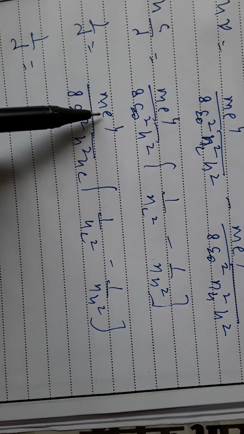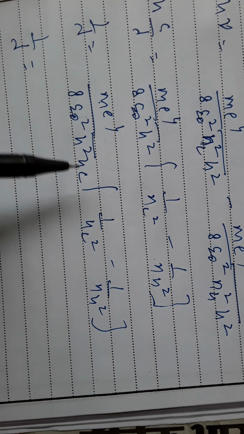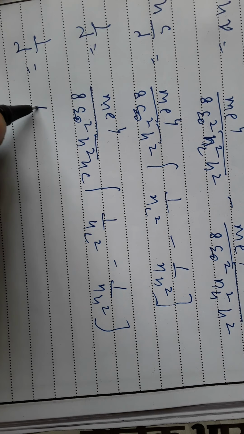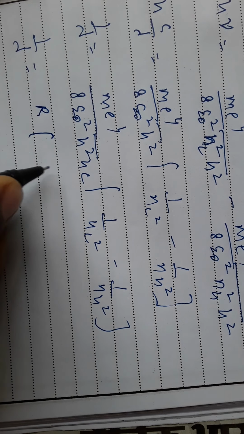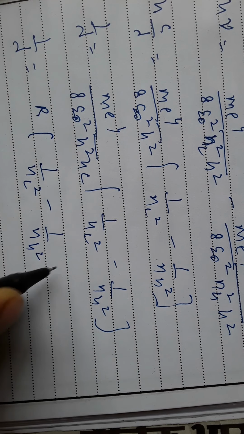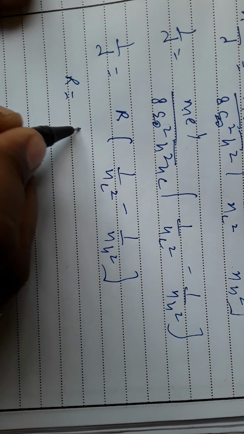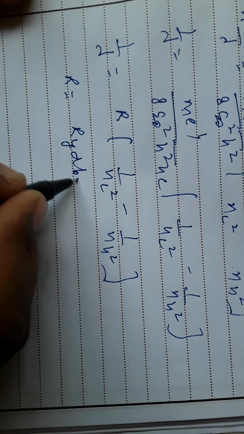1 by lambda is equal to m, e, epsilon naught, h, c, all of which are constants. So we can write this as capital R, which is a constant, times 1 upon nl square minus 1 upon nh square, where capital R is the Rydberg constant.